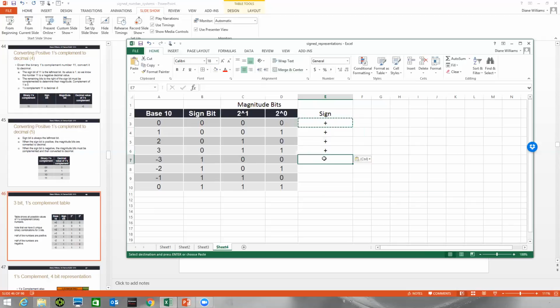Everywhere we have a 1, the sign will be negative.